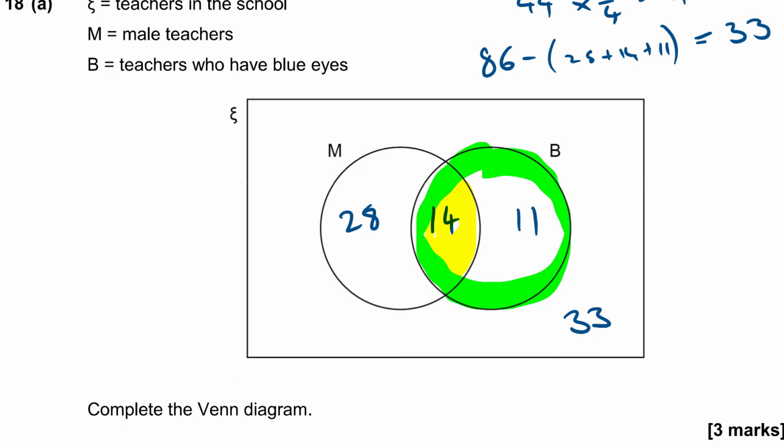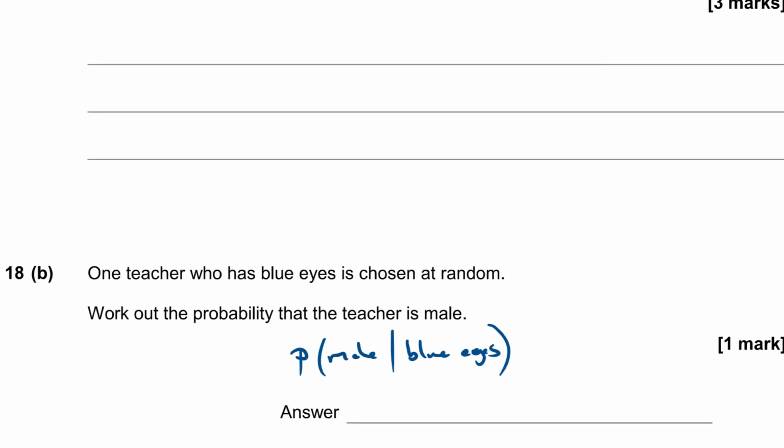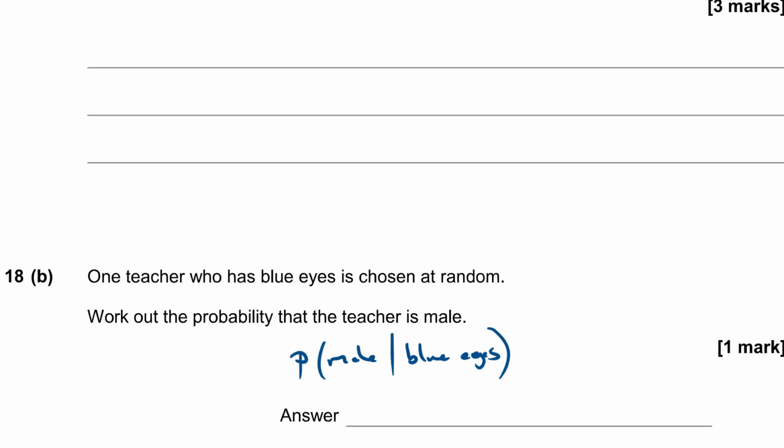There are 14 teachers with blue eyes out of a total population of 25 teachers with blue eyes. So that is going to be 14 over 25.